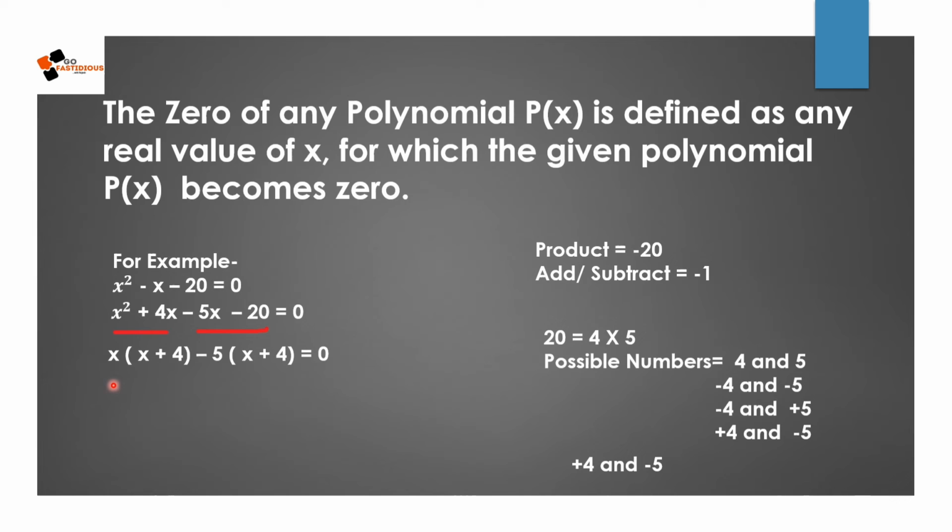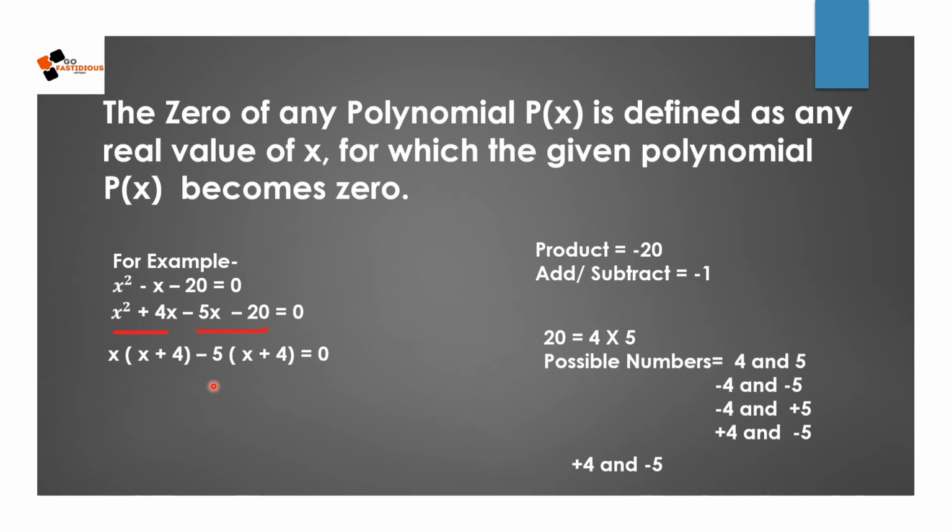So let's open the bracket. X into x, x square, x into 4, 4x, correct. Minus 5 into x, minus 5x, and minus 5 into 4, 20 with minus plus negative sign. That means whatever common we have taken out, it is absolutely correct.